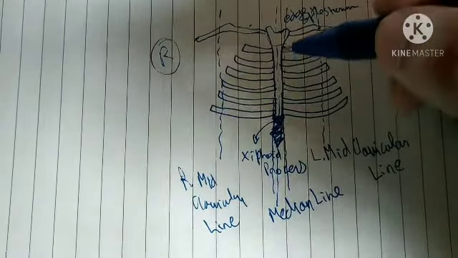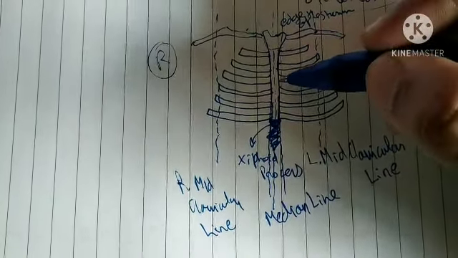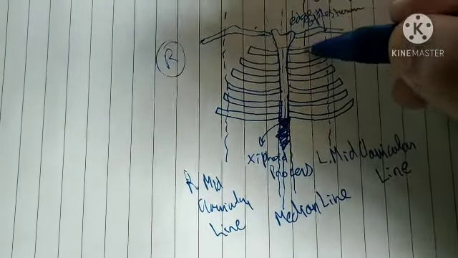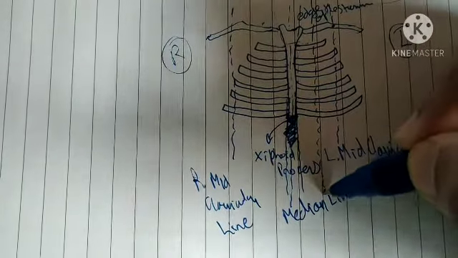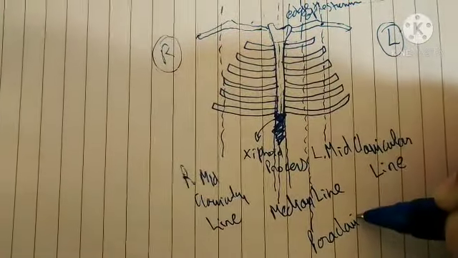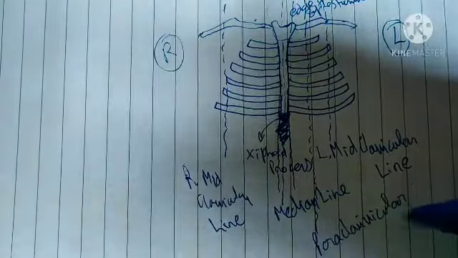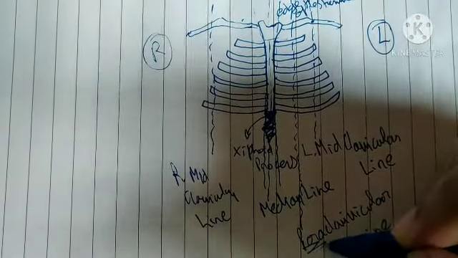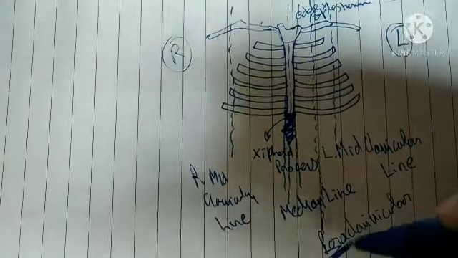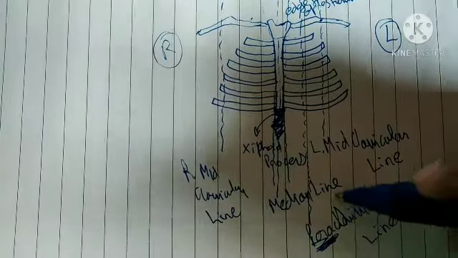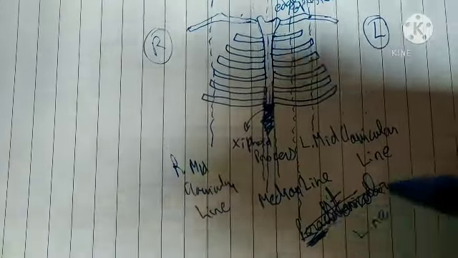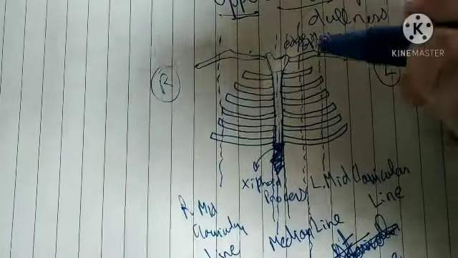Between the edge of the sternum and the mid-clavicular line there runs a line called the parasternal line. Why? Because it is parallel to the sternum.